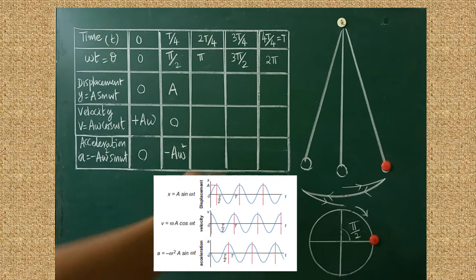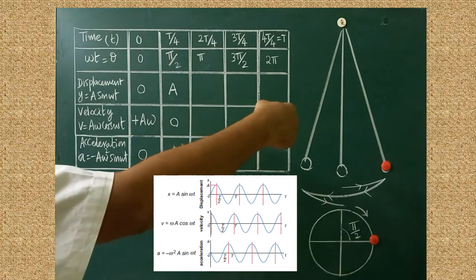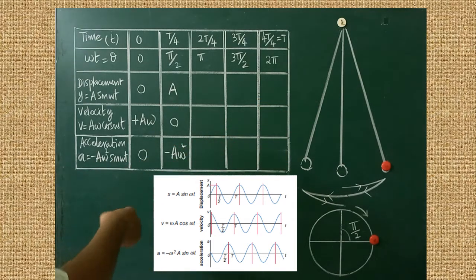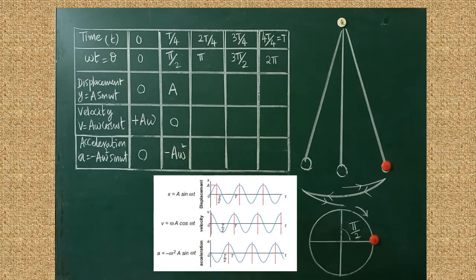That acceleration will be pointing towards the negative direction, because it tries to pull the particle towards the negative direction. That's why the negative symbol is given. A omega square is the maximum value of acceleration, therefore this value is called the acceleration amplitude. When displacement is maximum, acceleration is also maximum, but velocity is 0 at the right extreme end. Now the pendulum has come to the mean position.